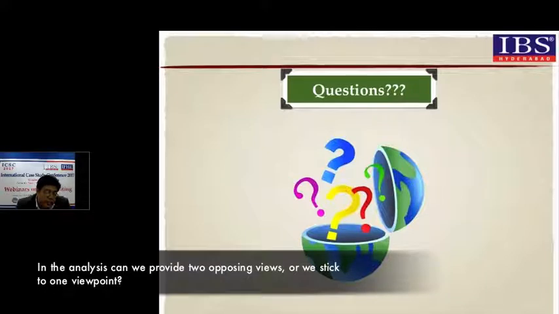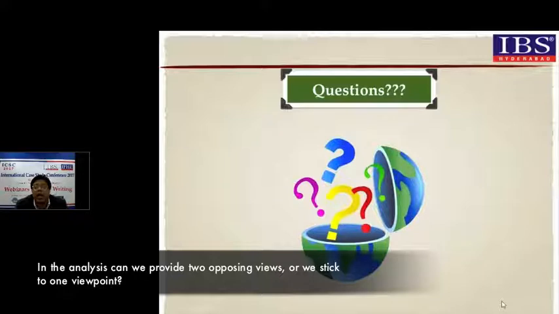In the analysis, can we provide two opposing views or do we stick to one viewpoint? Now, I think part of it we have discussed as part of a previous question. So the question being asked here is that should we provide two opposing views in the teaching note or should we stick to one view? Now, there are some advantages of giving the opposite views, particularly if you have tested the case in the class and you know that different kinds of viewpoints are coming in.